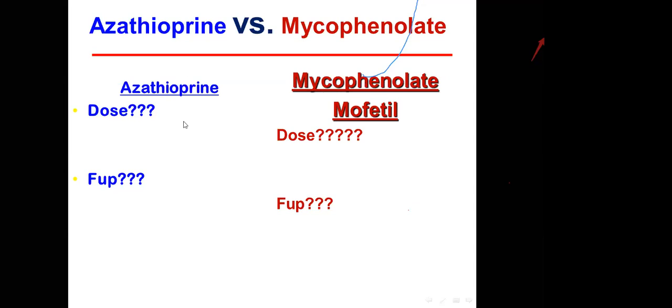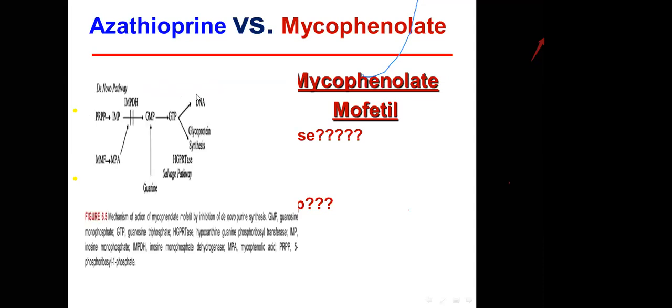Azathioprine is a purine-based analog, but mycophenolate mofetil is a specific inhibitory drug that inhibits a specific pathway. This pathway is present only in the lymphocytes. So it's a very specific drug, and it avoids the systemic side effects of azathioprine. And this is why we prefer MMF over azathioprine.